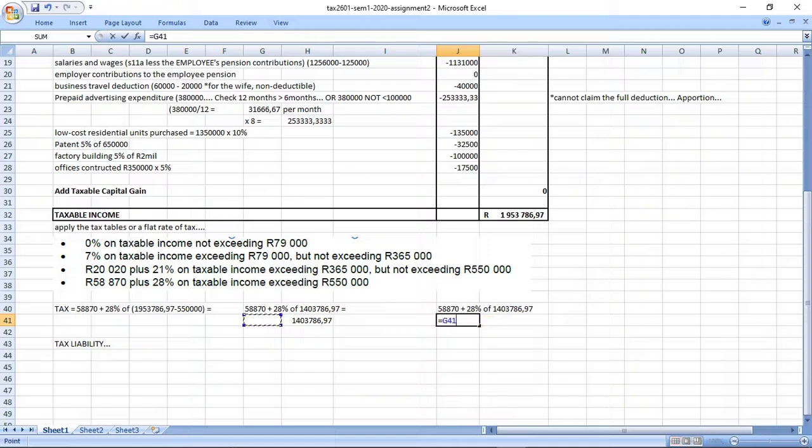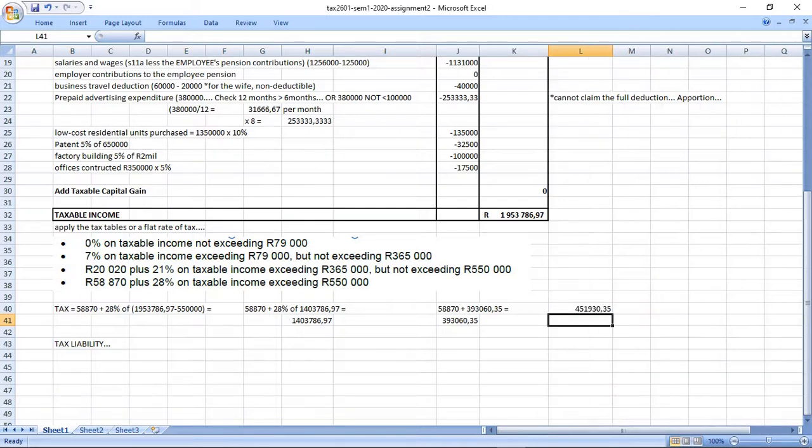Right, and then you do another working. 28% of this is that figure there. 393,060.35 equals that final answer there.